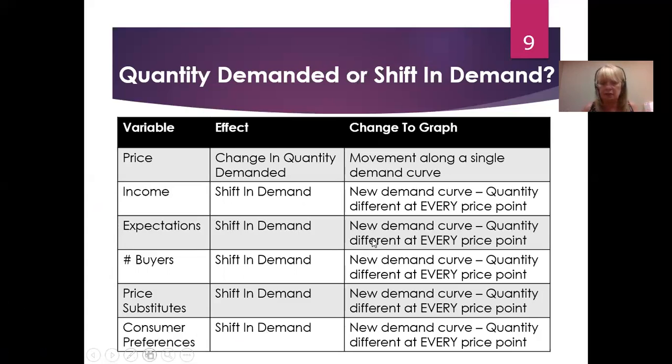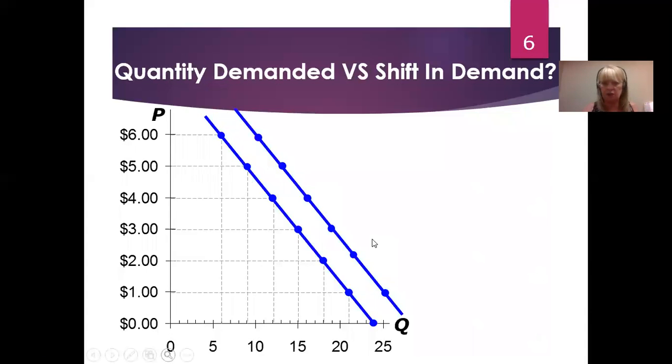Any of these non-price determinants of demand, if any of these change, you will see a shift in demand where you get a whole new demand curve where quantity demanded is different, not at one price point, but at every price point.